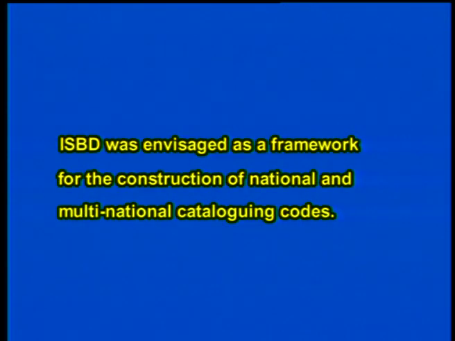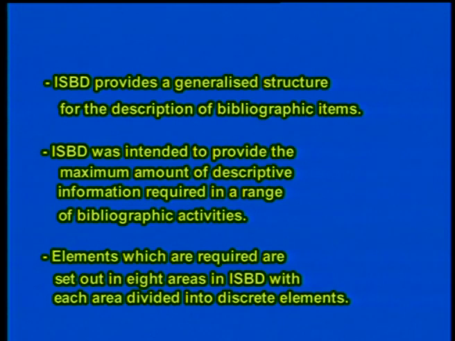Now, ISBD was envisaged not as a standard by itself, but really as a framework for the construction of national and multinational cataloging codes. ISBD was a very important effort because it provided a generalized structure for the description of bibliographic items.